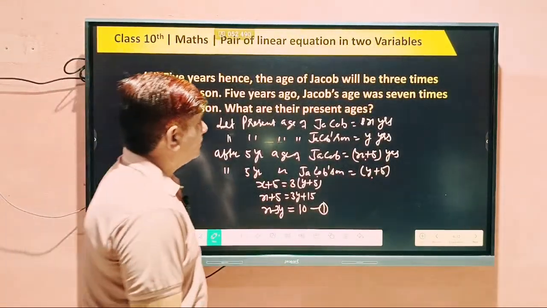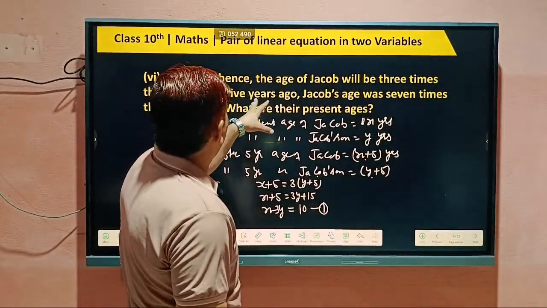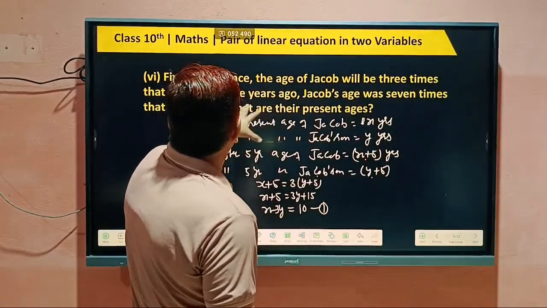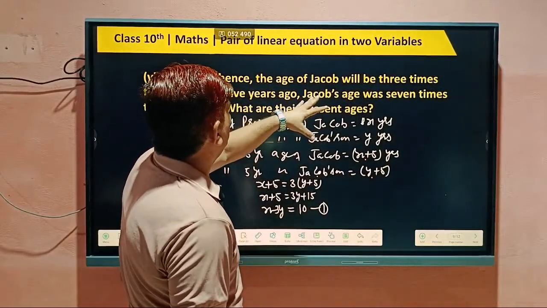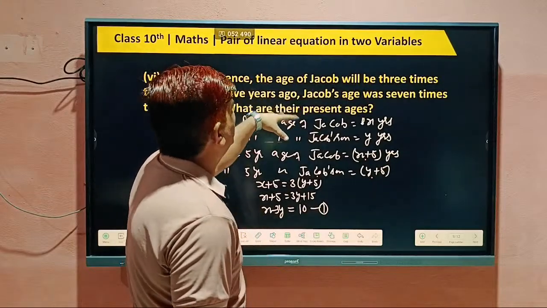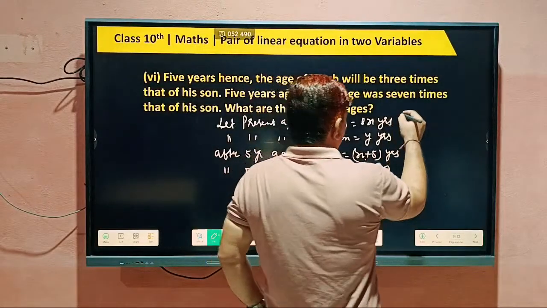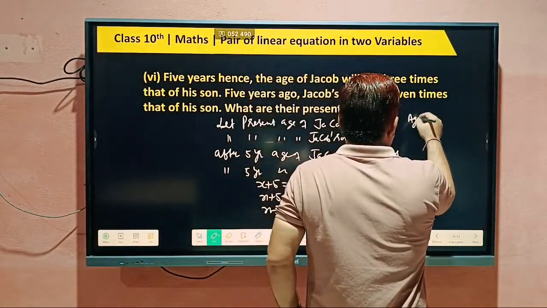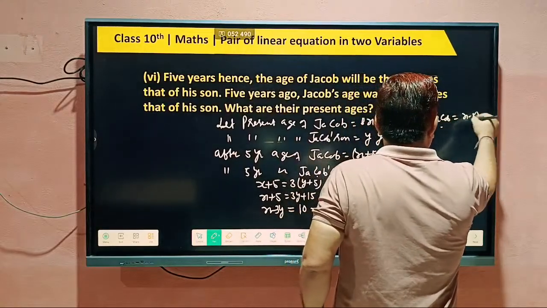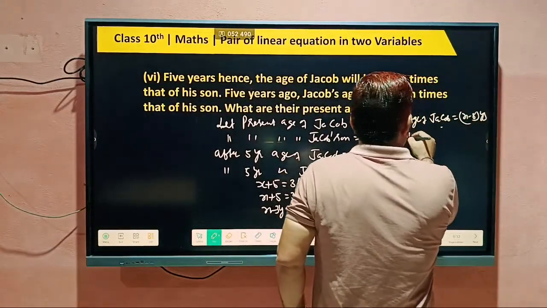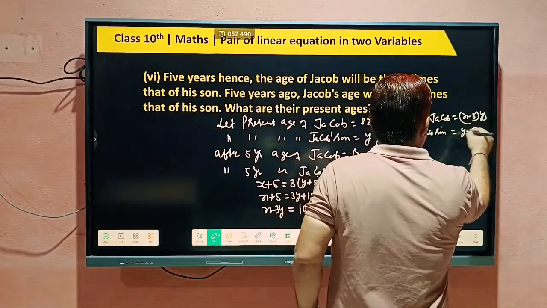So next, 5 years ago. It means 5 years before. Age of Jacob 5 years before: x minus 5. Age of his son: y minus 5.